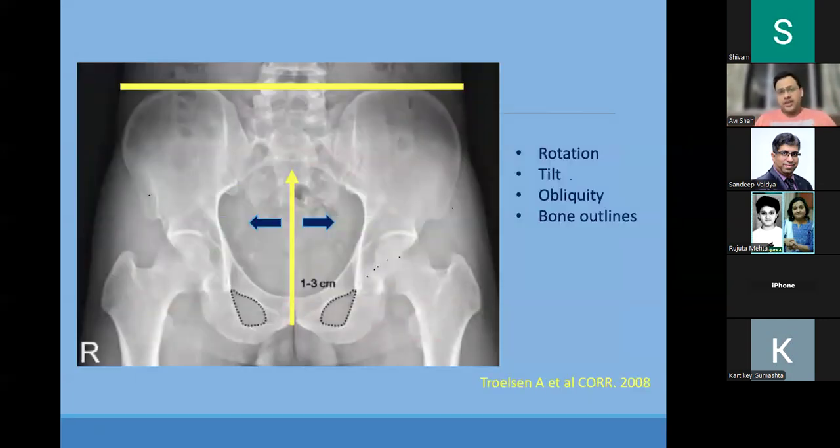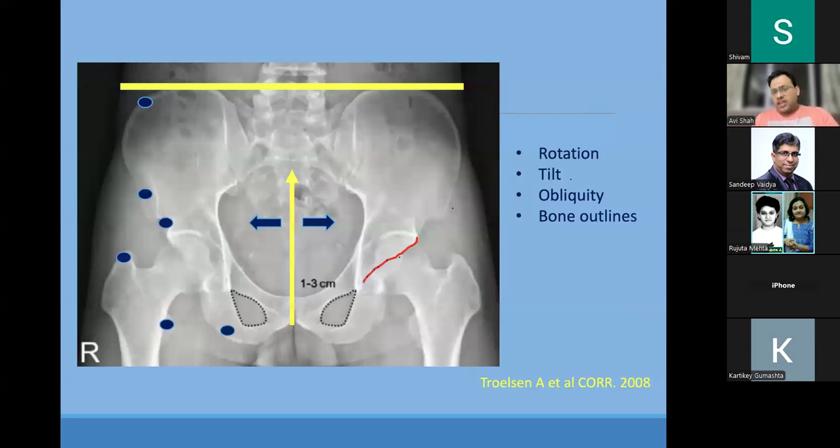So again, as we said, the proper X-ray has no rotation, no tilt, no obliquity, and all bony outlines should be seen: your iliac crest, anterior superior iliac spine, anterior inferior iliac spine, your ischial tuberosity, your greater trochanter, your lesser trochanter.